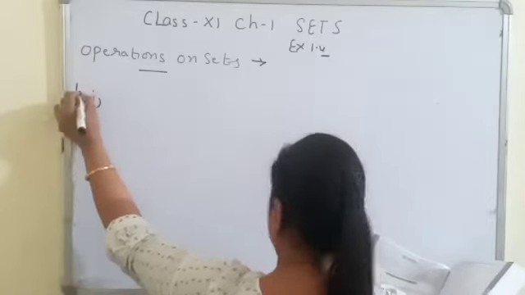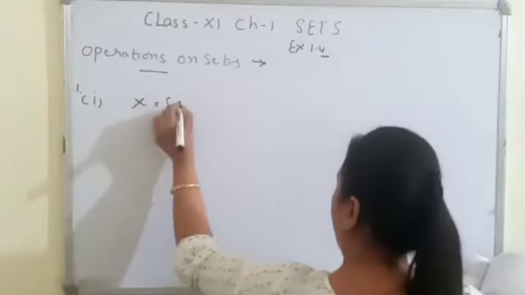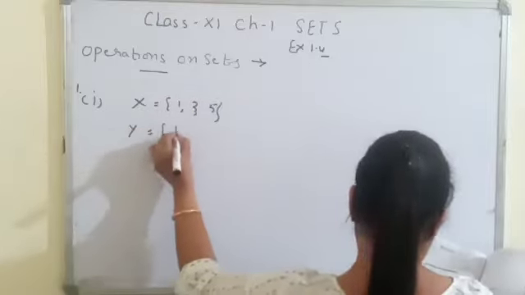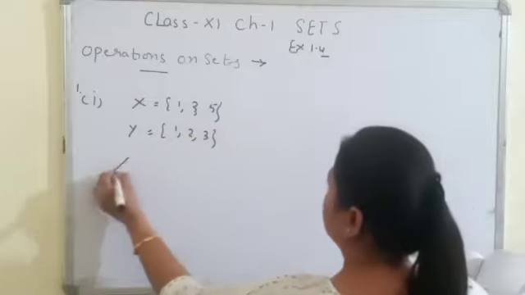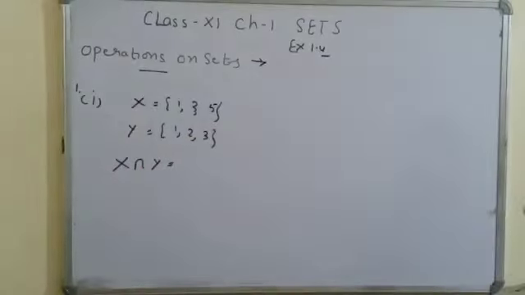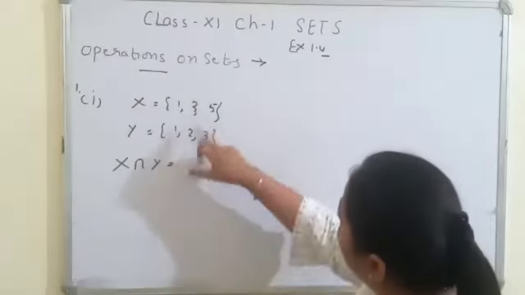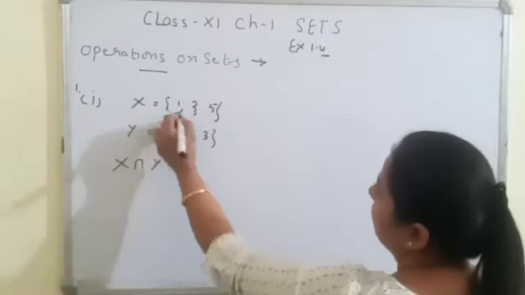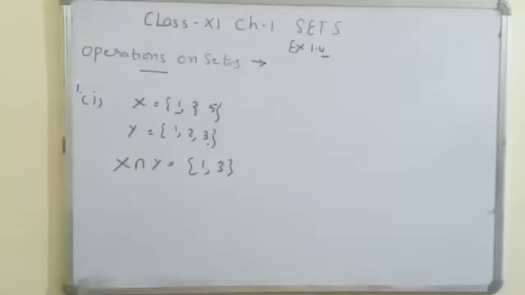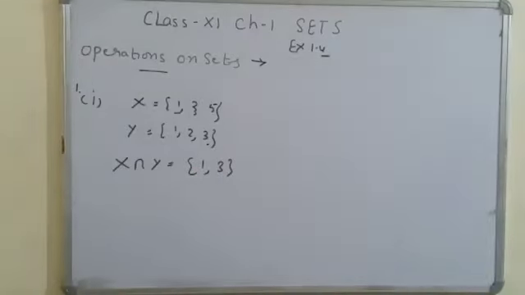First one is X: 1, 3, 5 and Y: 1, 2, 3. So what's the intersection of X and Y? You can easily write the common elements: 1 and 3. This is the answer for the intersection of X and Y.